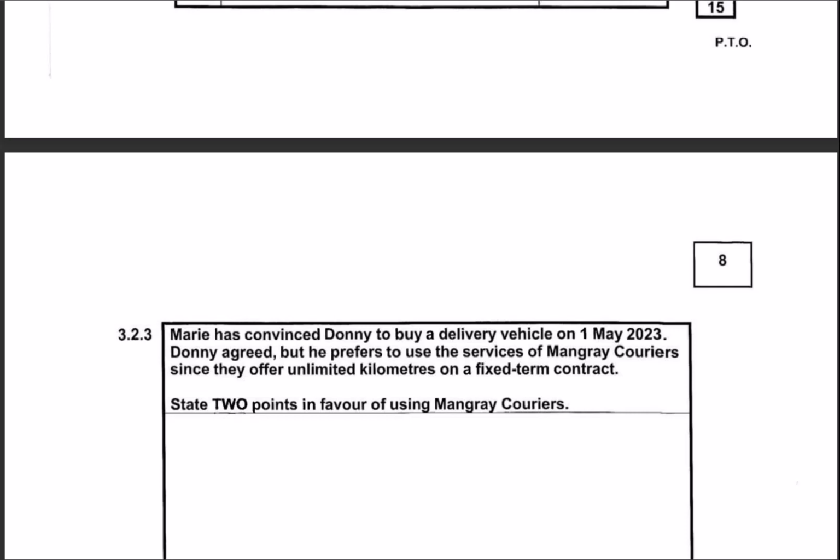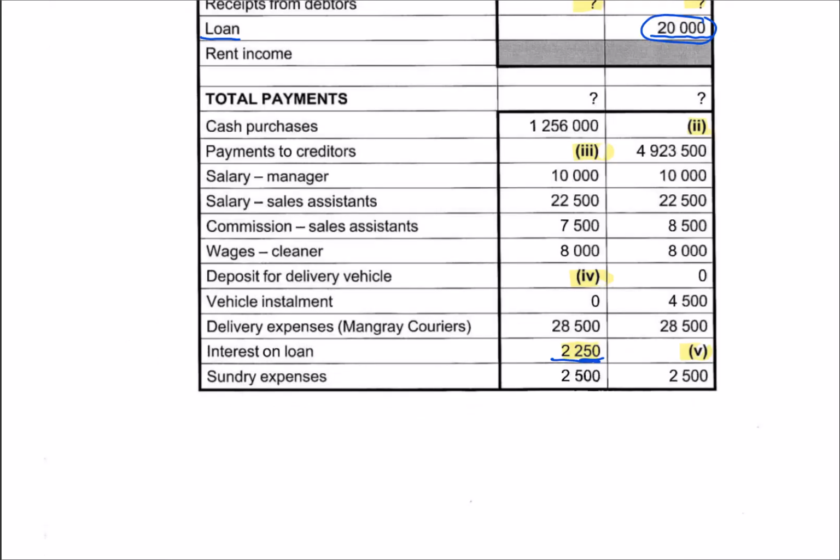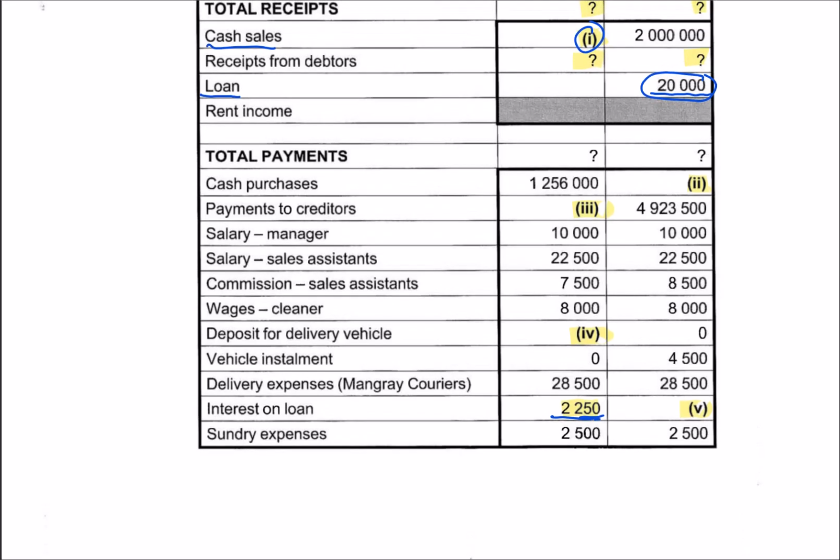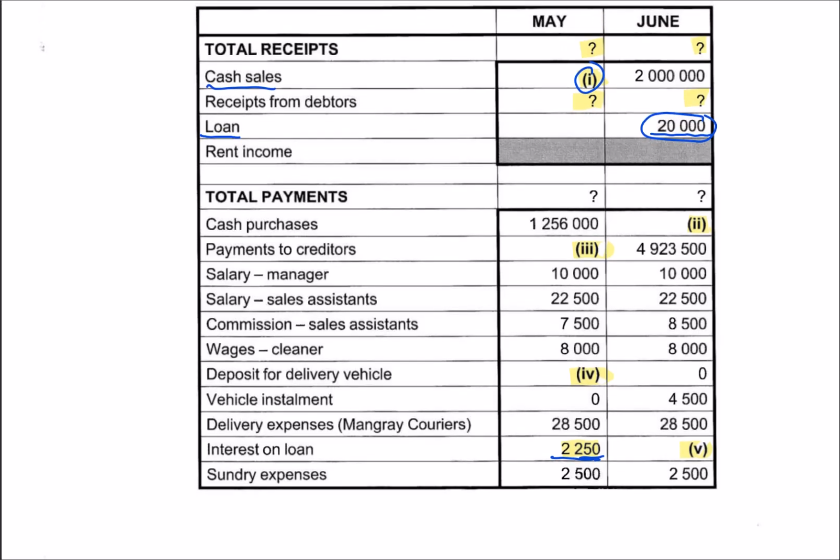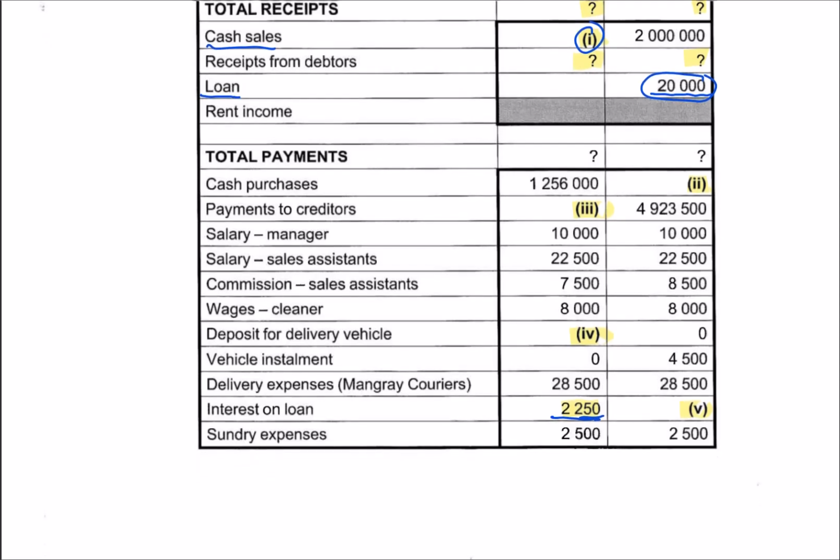Number one, if you look at the delivery expenses for the vehicles, they were 28,500. But when you look at their new budget, down here, they buy the vehicle, they need to pay for the vehicle.